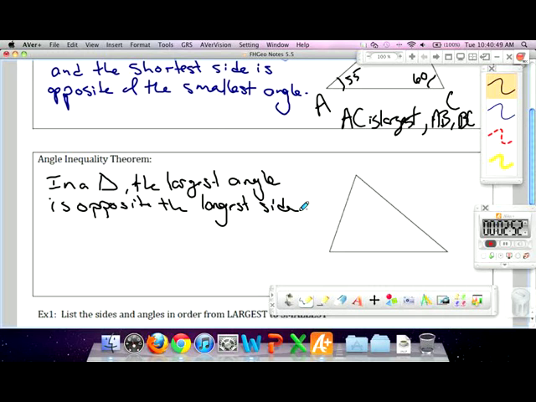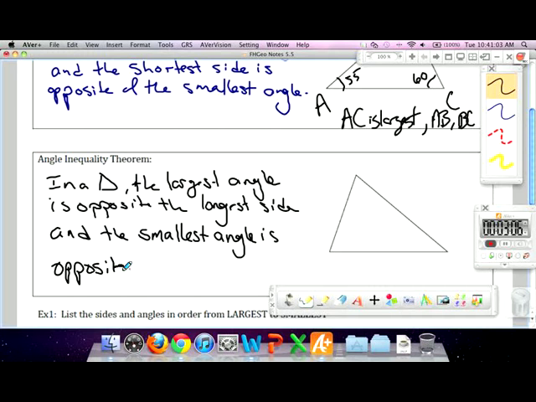and the smallest angle is opposite the shortest side. Again, these things are extremely similar.